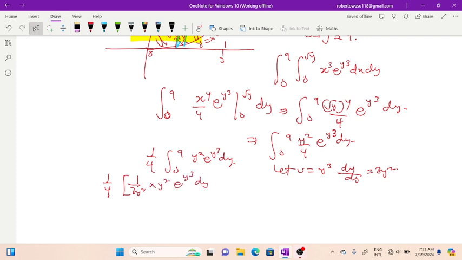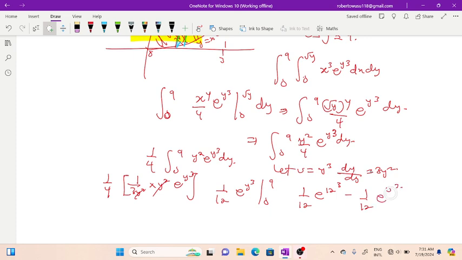Sorry, I have to take the dy out. At this point this cancels this, and I'm going to have 1 over 12 e to the power y cubed. My limit 0 to 9 comes; wherever I see y, I put 9. So 1 over 12 e to the power 9 cubed, minus 1 over 12 e to the power 0 cubed.